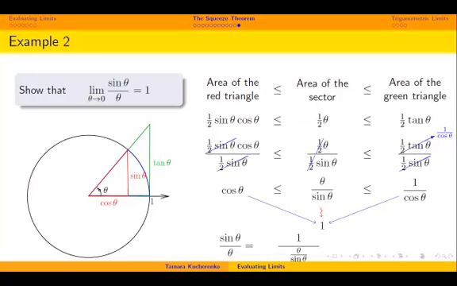Therefore, the limit as theta tends to 0 of sine theta over theta equals the limit of 1 over theta over sine theta. According to our computation, the denominator approaches 1. This gives that the limit as theta approaches 0 of sine theta over theta equals 1, as required.